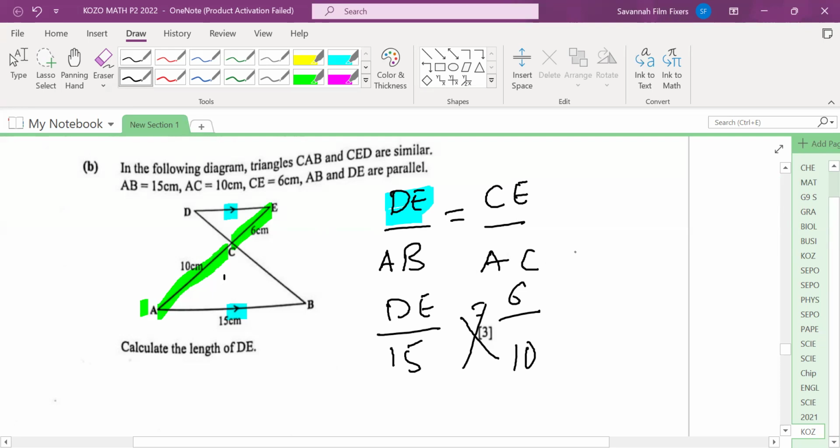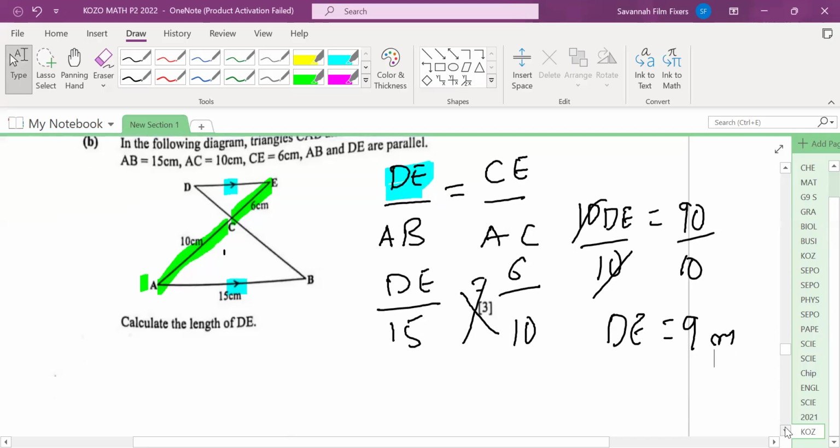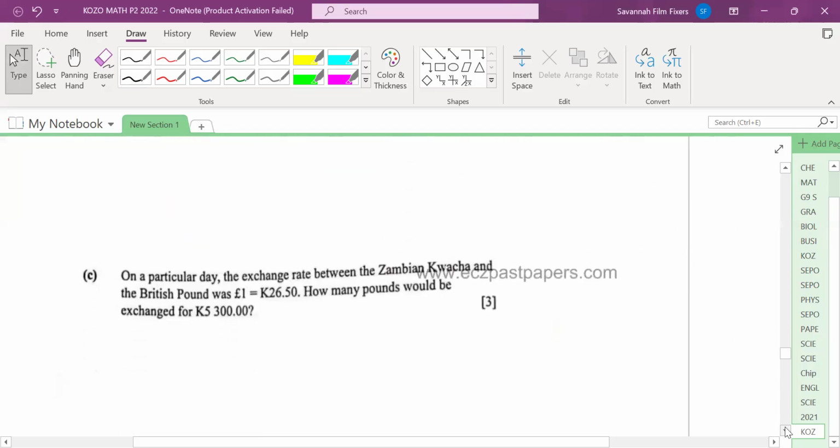So we're going to get 10 DE is equal to 90. We divide both sides by 10. DE will be 9 centimeters. Is that fine? Yes, it is.